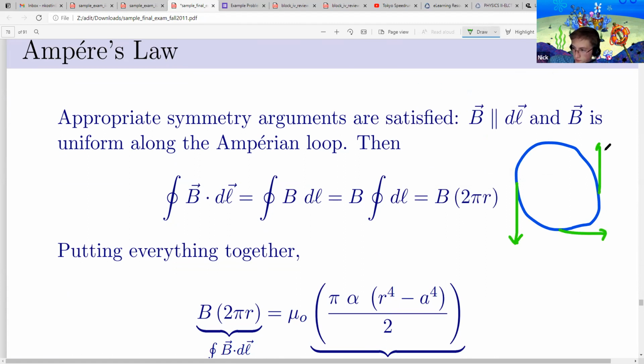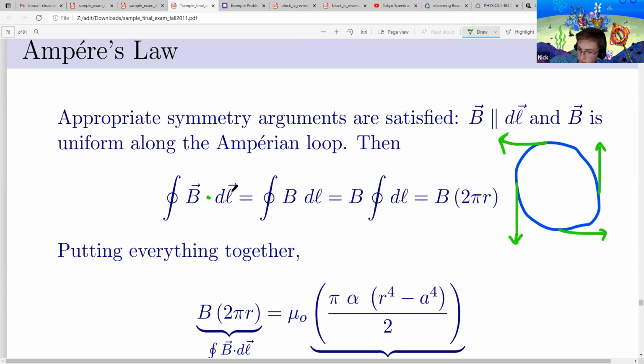So by analogy to block 1, where we have Gauss's law and we needed to satisfy symmetry arguments to pull E out of the surface integral, in block 3 we have Ampere's law, and we need to satisfy symmetry arguments to pull B out of this line integral. The symmetry arguments are pretty similar.